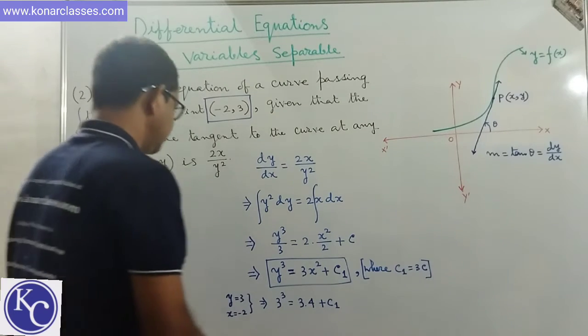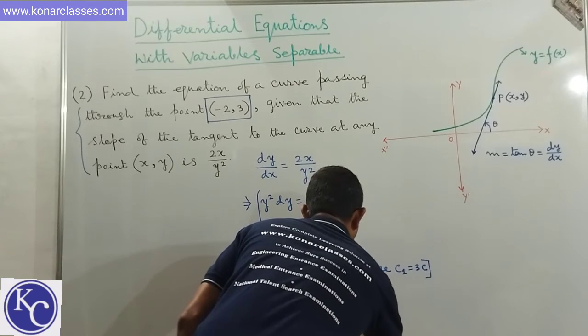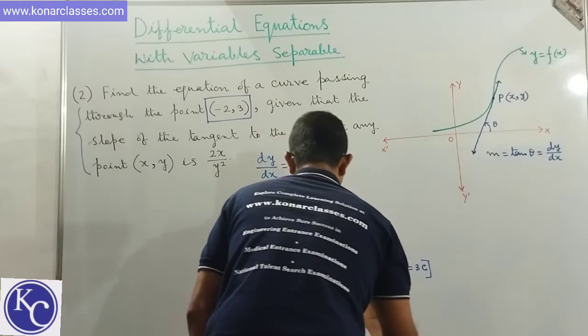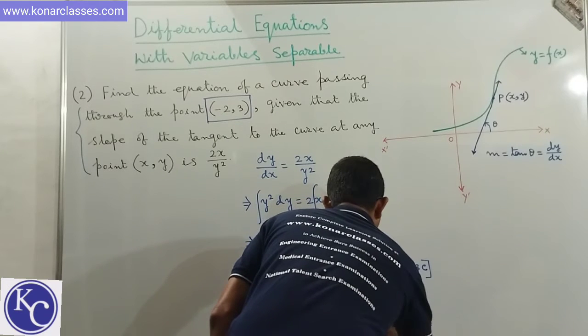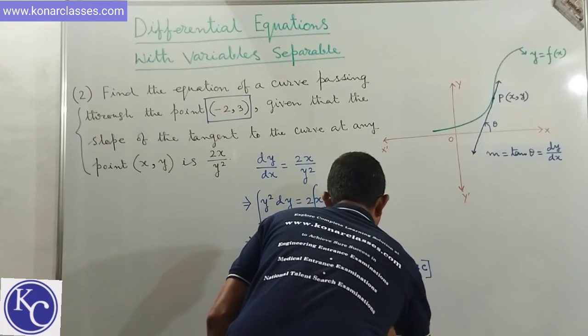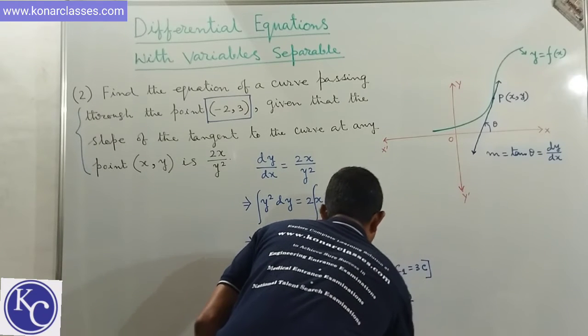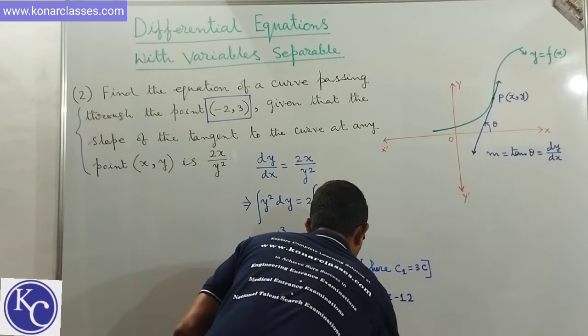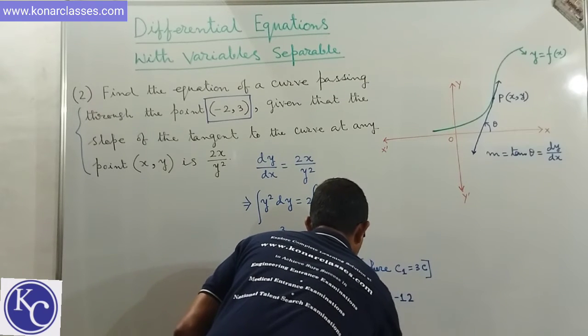So from here we get the value of c1 equal to 27, 3 into 3 into 3, that is 27 minus 12. So c1 is equal to 15.